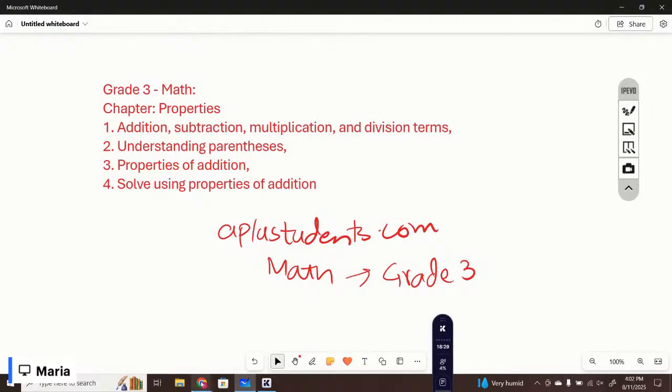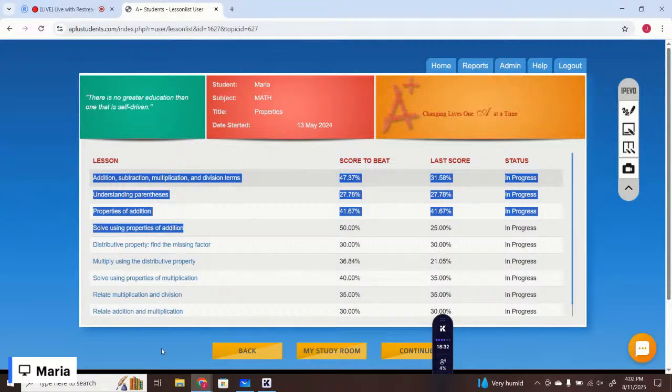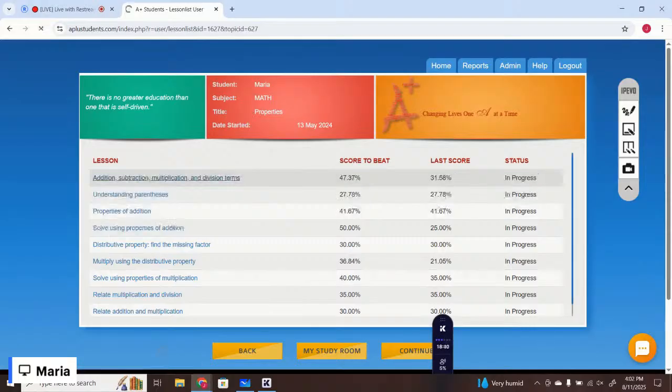Here I'm on grade 3 math. I'm going to start with the chapter properties. Let's just start with the first example, subtraction, multiplication, and division terms.